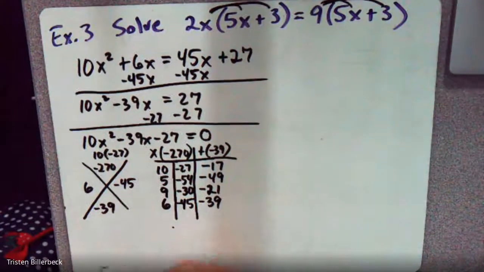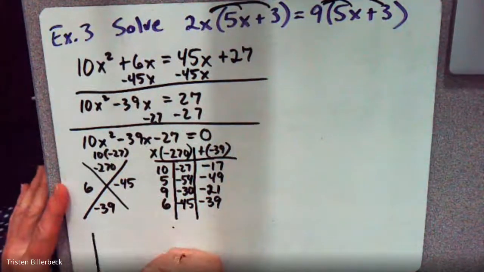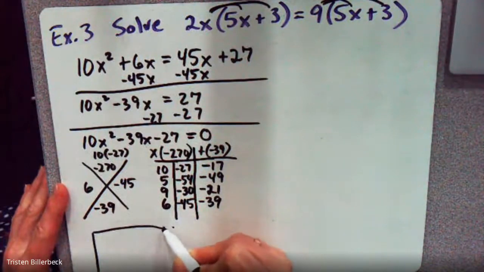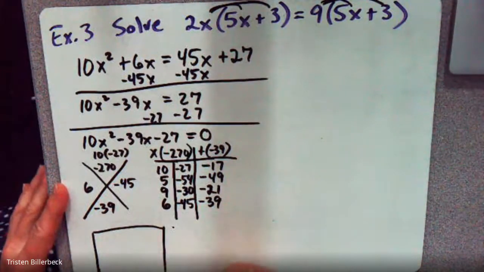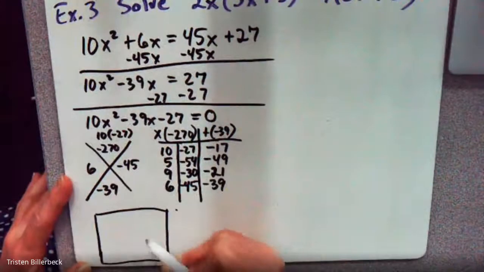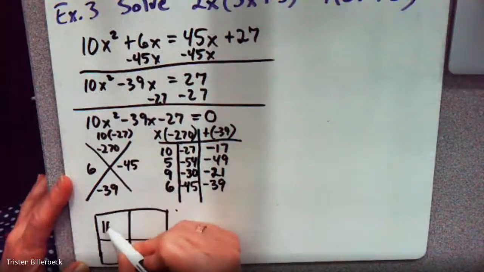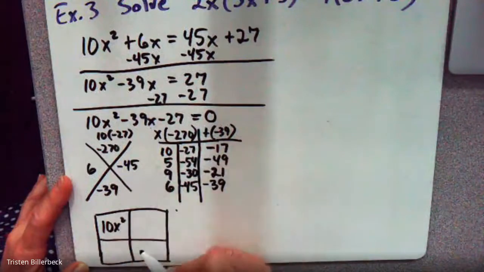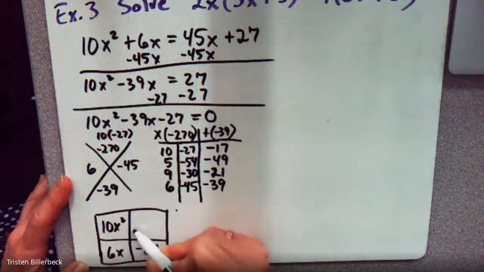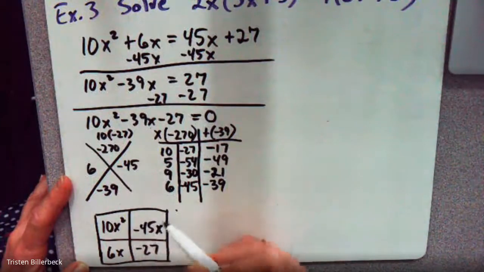So let's do the box. We can do the box here. We don't have to be way over to the side. Okay, so the first term 10x squared is here. The last term negative 27 is here. We have 6x. We have negative 45x.